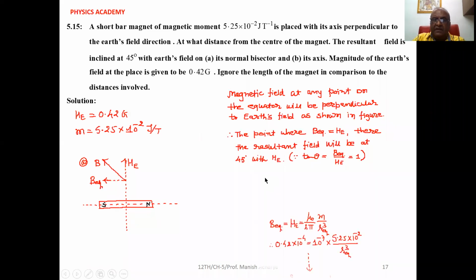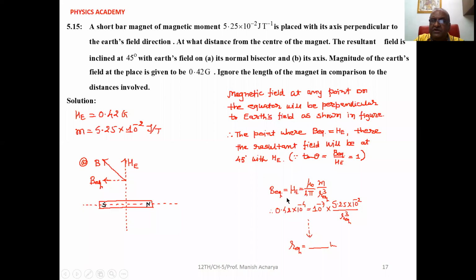So B equator is equal to He, and that is equal to mu 0 upon 4 pi, m upon r equator cube. He is 0.42 into 10 raised to minus 4, mu 0 upon 4 pi is 10 raised to minus 7, m is 5.25 into 10 raised to minus 2 upon r equator cube.